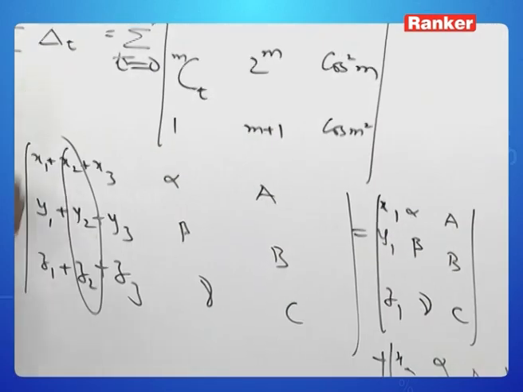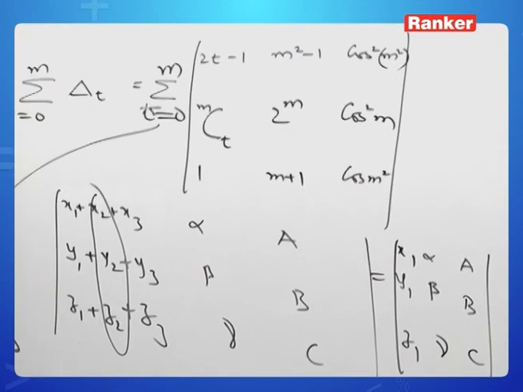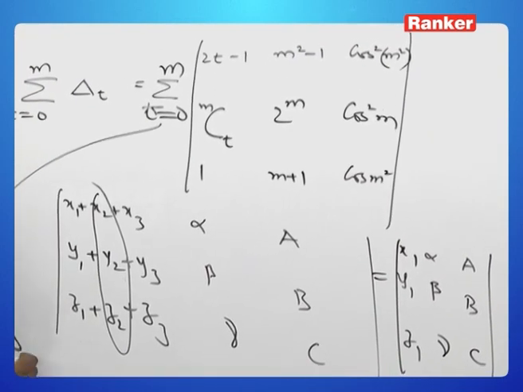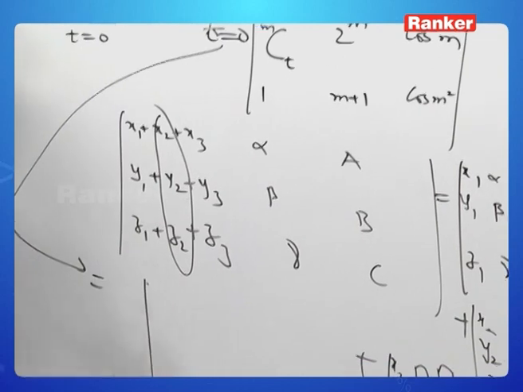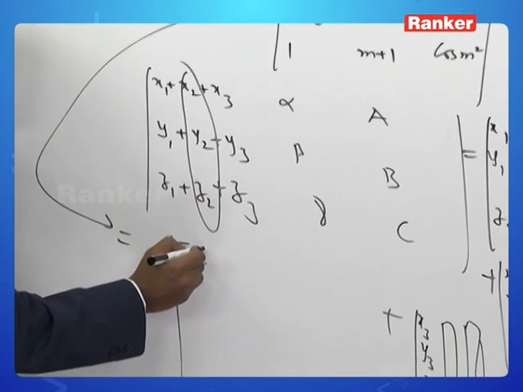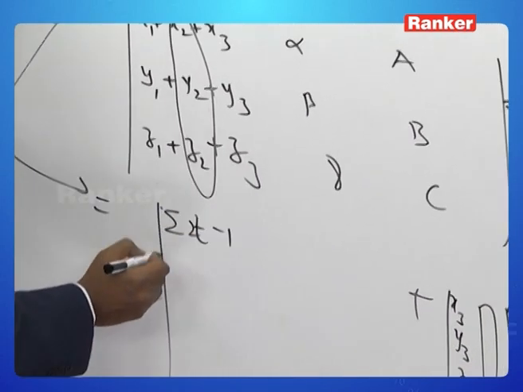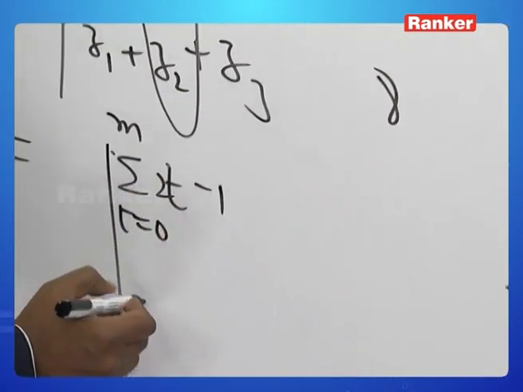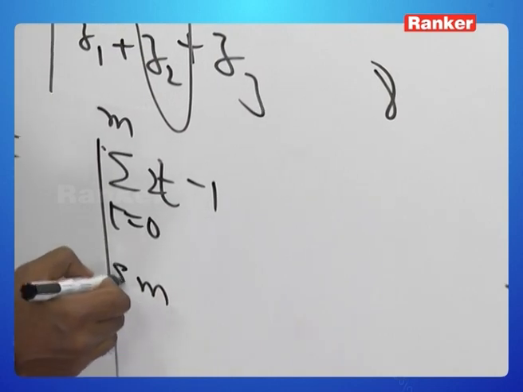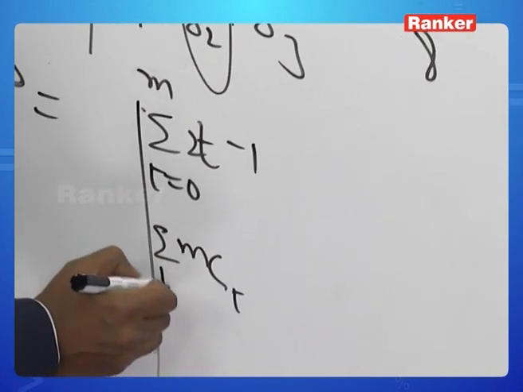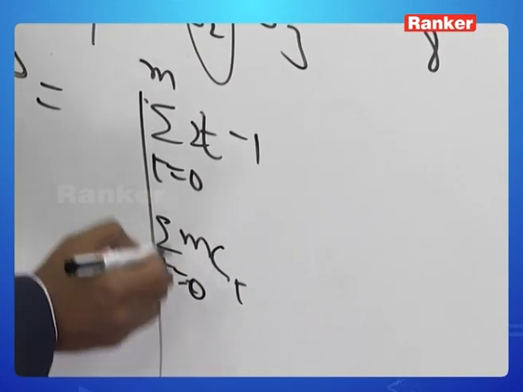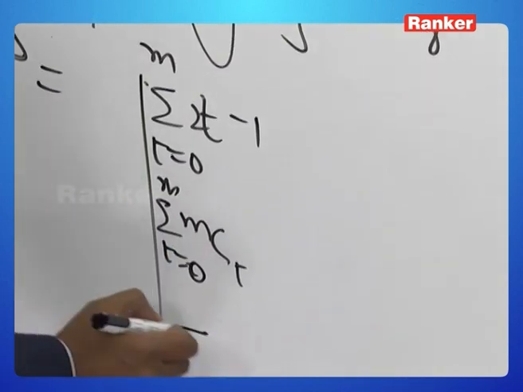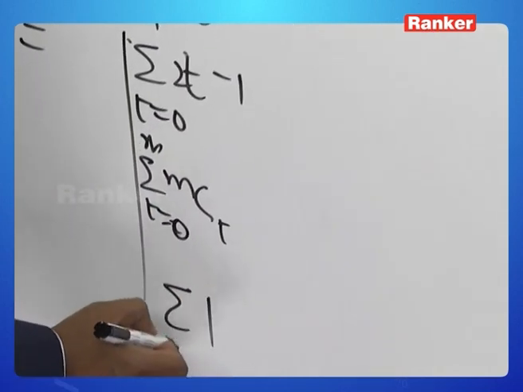We will apply that rule for this problem here. So we can take the summation in the first column: 2t minus 1, t ranging from 0 to m, and sigma mct, t ranging from 0 to m, and sigma 1, t ranging from 0 to m.